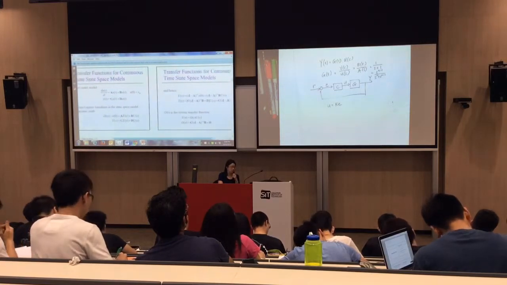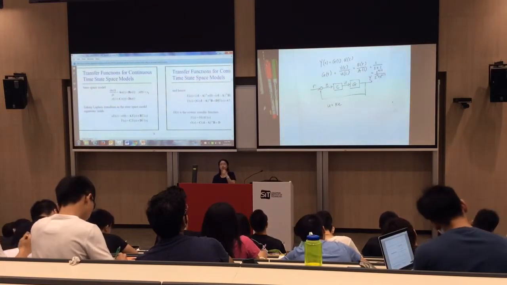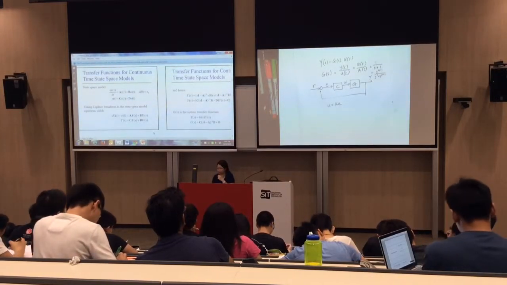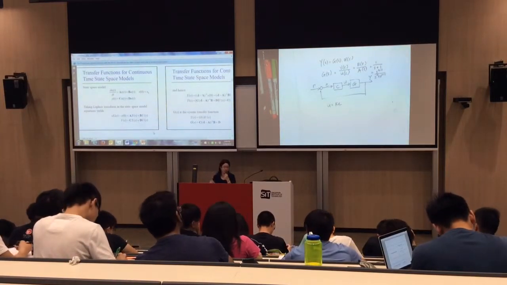In addition to looking at it in frequency response, you can look at it in the time domain as well. I just said that we're going to cover some sort of state space over here.